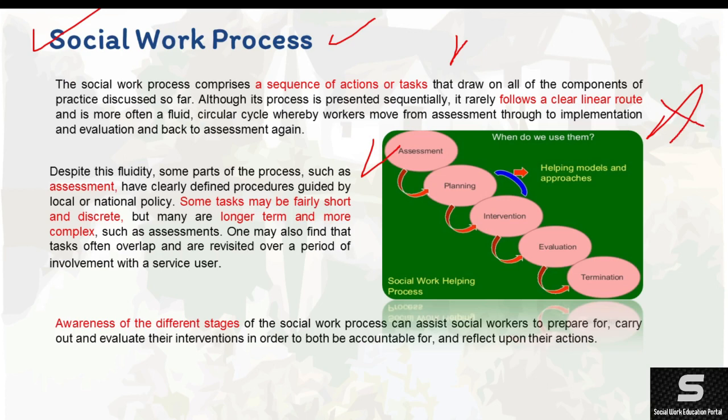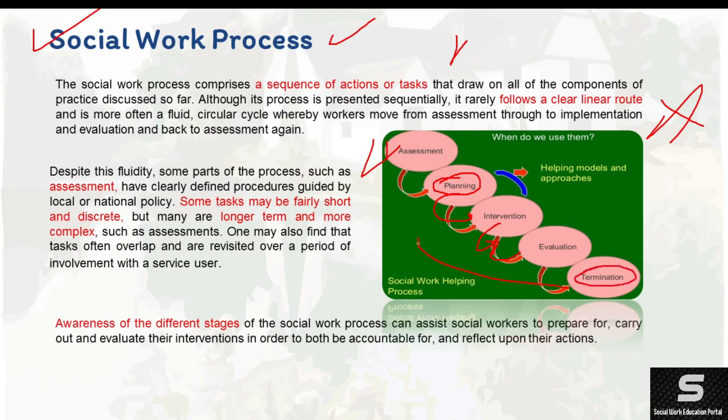Then they start planning just to solve the problem and find out the cause of the problems, and they implement the plan and intervene with these problems. And then after the intervention they follow some approach just to solve the problems, and then later they evaluate the problem, and if the problem is solved then it's okay, then they terminate the task or the action. Otherwise they will again start from the assessment of the problem.